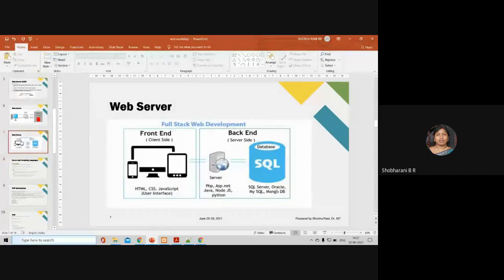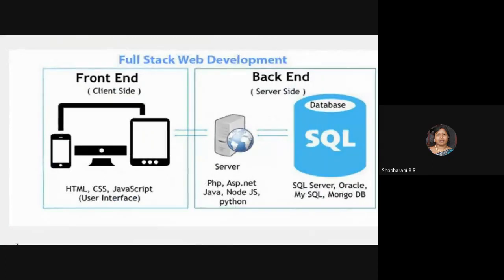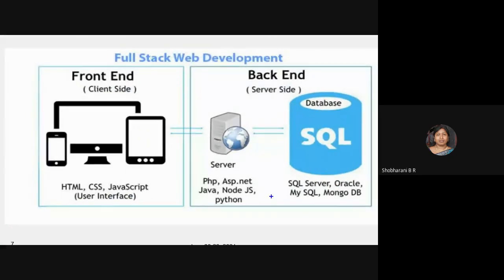Then let us see, if your server has to be considered as an interaction from your client, you can understand it much better through this diagram. Till now we have done the front end designing part, which is the client side.